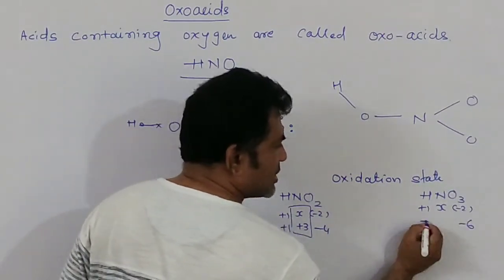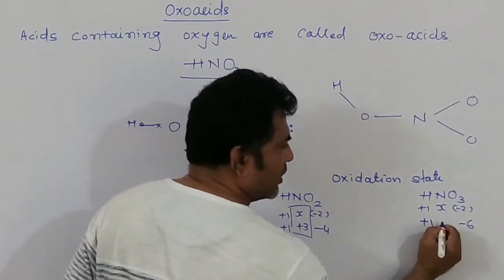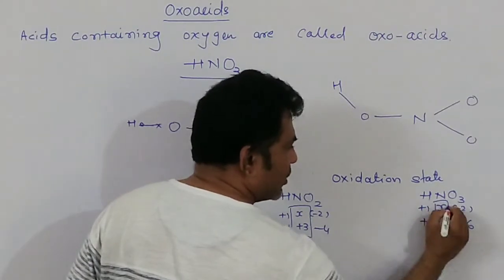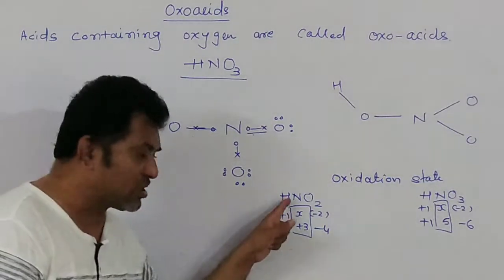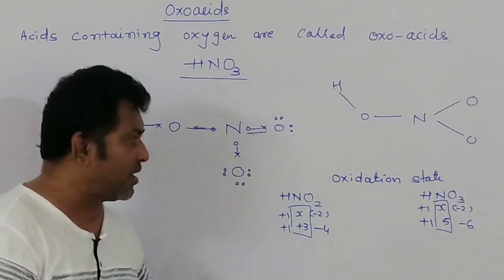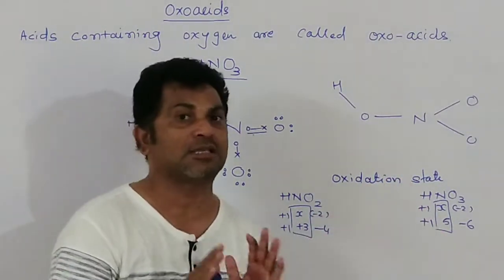Here -6, +1, so here remaining is 5. તો અહીંયા x ના કેટલા થઈ ગયા? 5. So oxidation state of nitrogen in this acid is +3 and in this acid is +5.